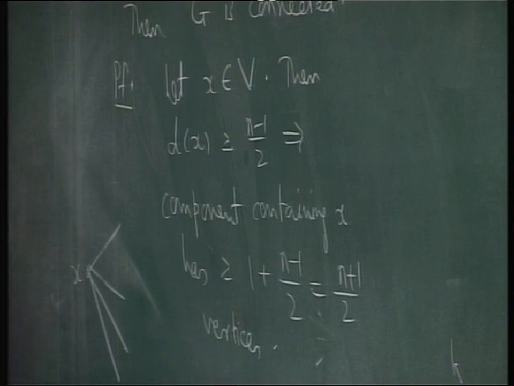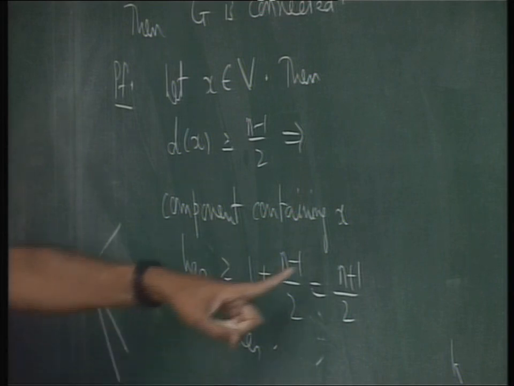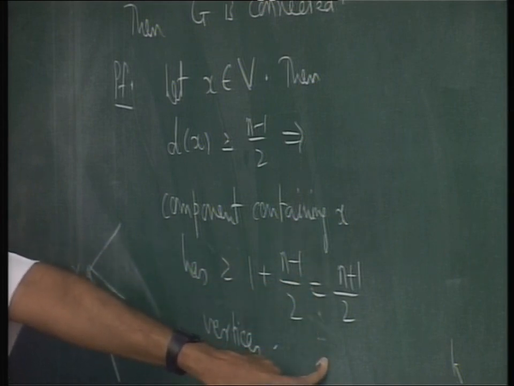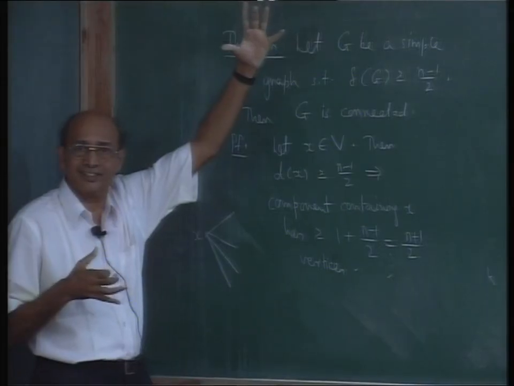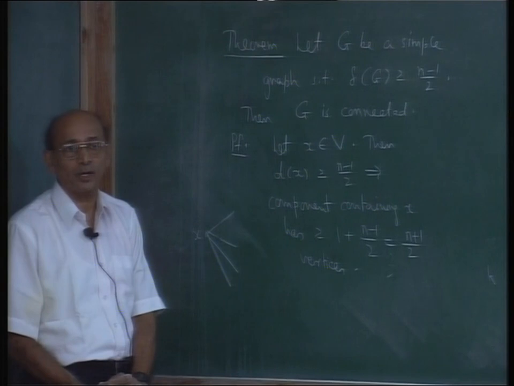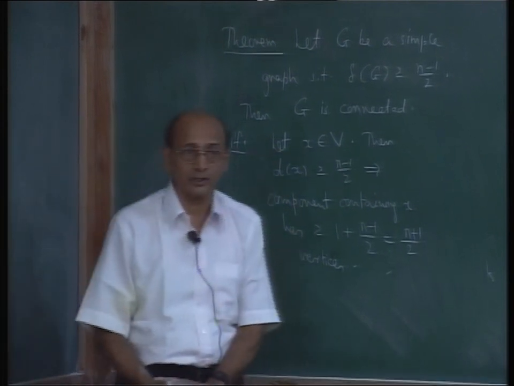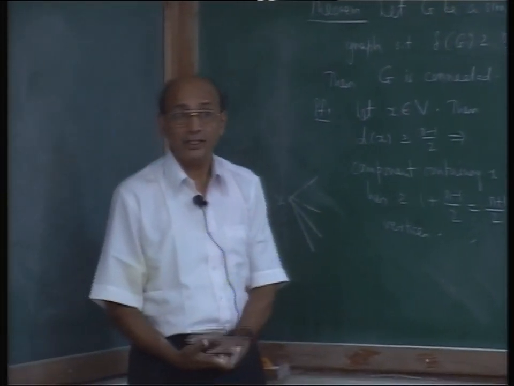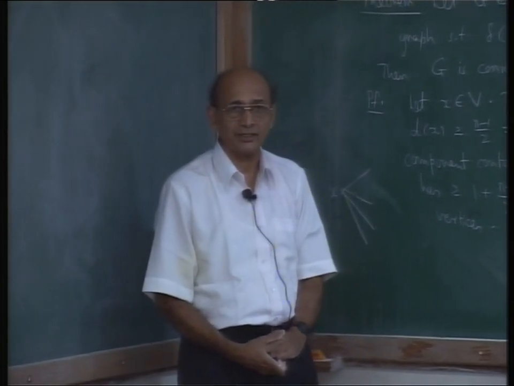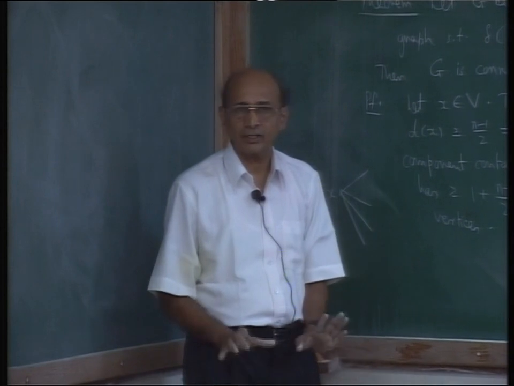If I have two components or more, each one will have (n+1)/2 or more vertices. That means the total will blow up to more than n, a contradiction. That's clearly a contradiction. Is it clear? If each component has to have at least (n+1)/2 vertices, you have no choice but to make the graph connected.